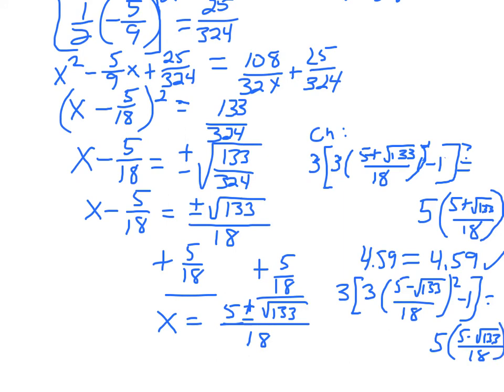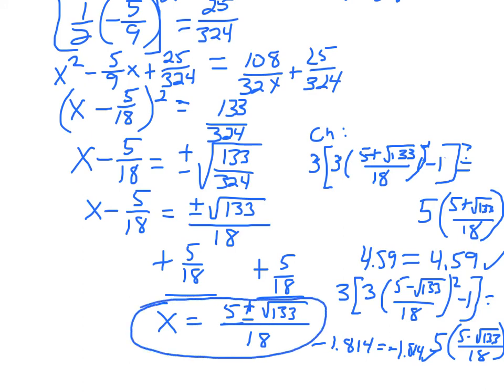So let's check that out and then we'll be done with the lesson. So when I use my calculator, I got that both sides equal approximately negative 1.814. So that makes it check out. And so we are going to consider these two solutions right here are correct solutions for that equation. And that is the end of the lesson.